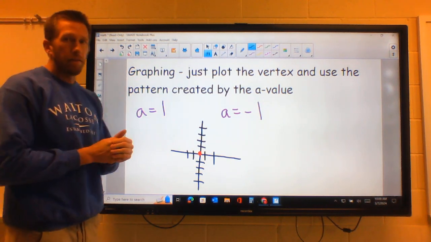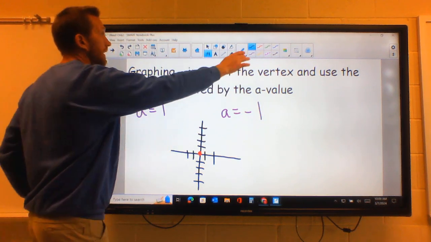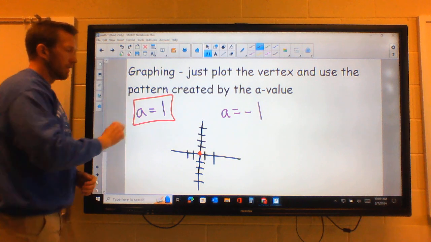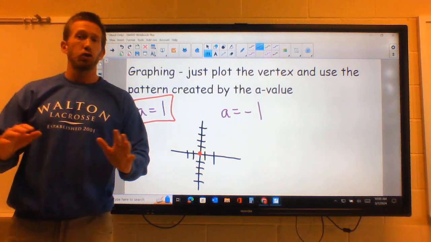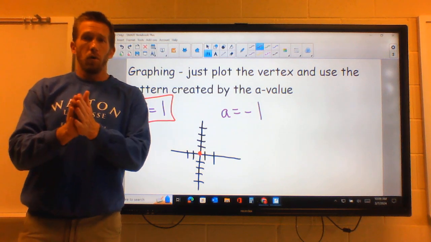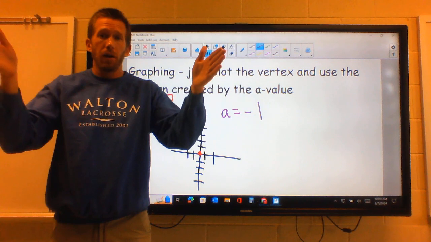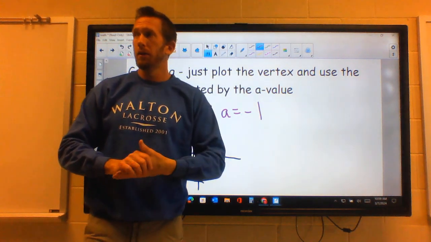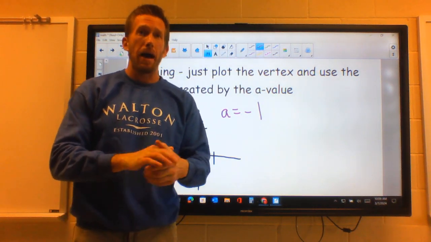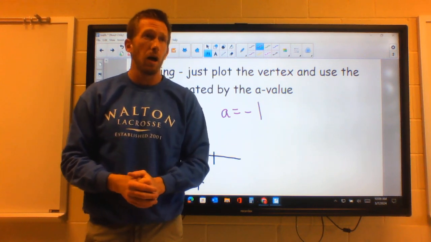The method that I've taught, if you go back and watch the previous video, is that our basic a value of 1 is no stretch, no shrink, no reflection, no transformation whatsoever. We go from our vertex out and we go up 1. Then we go out and we go up 3, because perfect squares grow by that pattern of 1, 3, 5, 7, 9, etc. We've talked about that a few times.